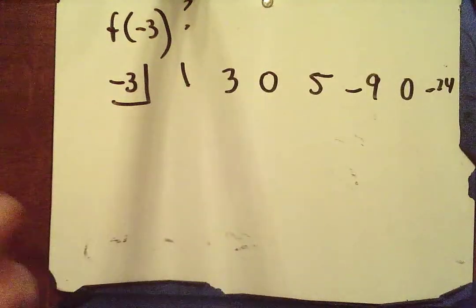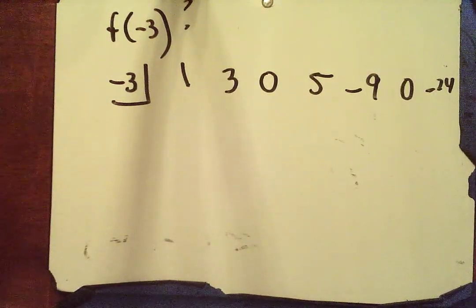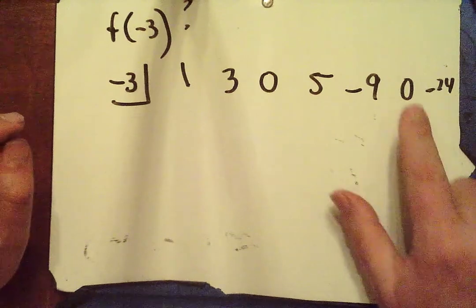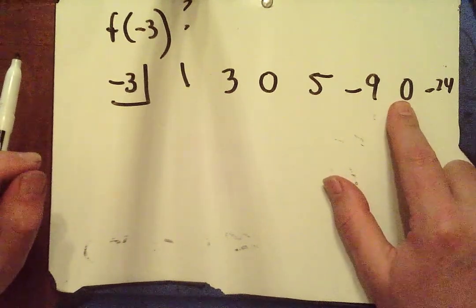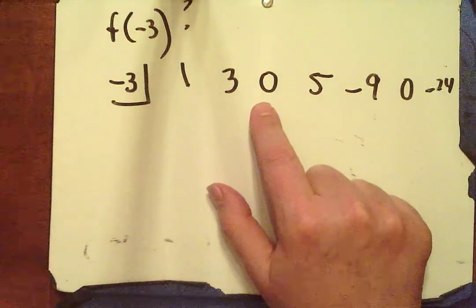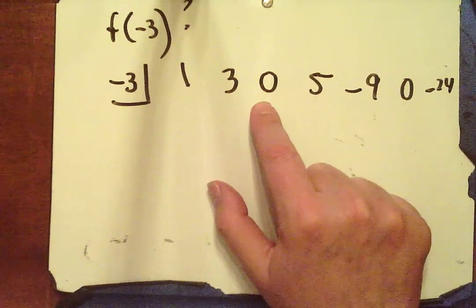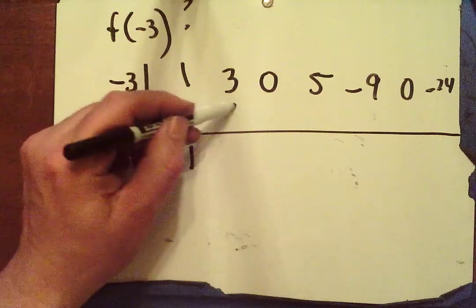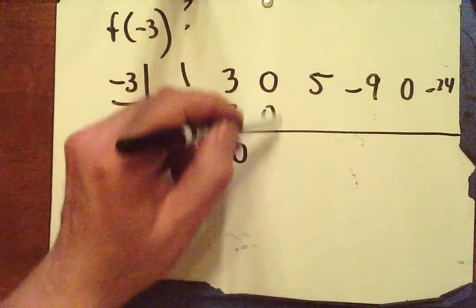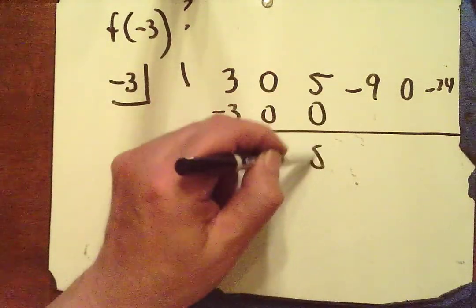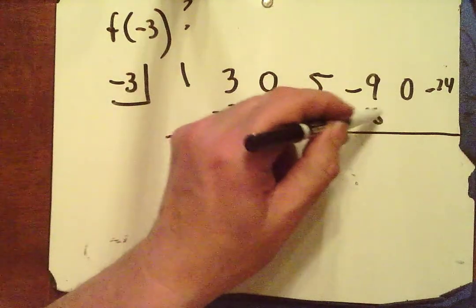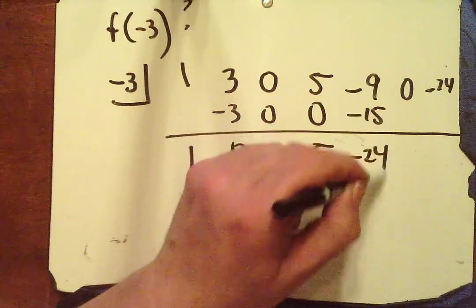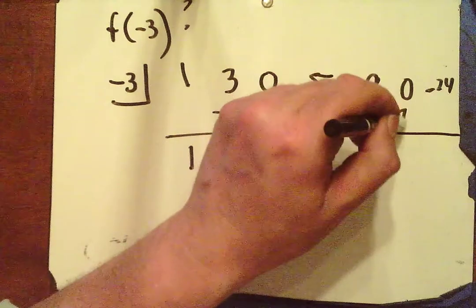Really, you have to pay attention to those 0 placeholders. There are no x to the firsts here. There are no x to the fourths here. 1, negative 3, 0, 0, 0, 0, 5, negative 15, negative 24, positive 72.